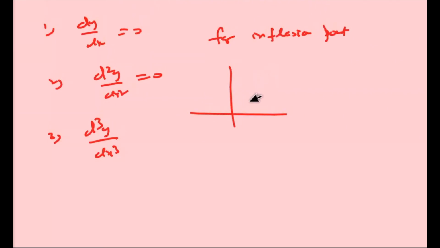And we can see here for the inflection point, for dy by dx equal to 0, it doesn't change, positive to positive, positive to positive.